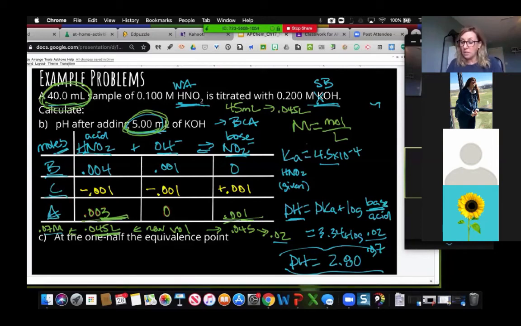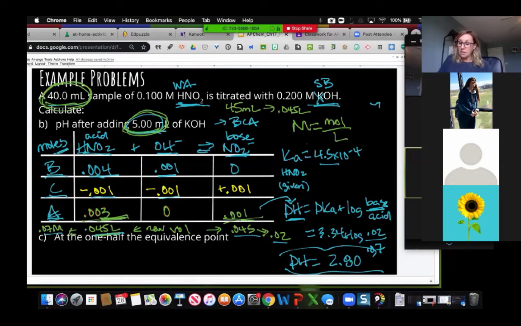You subtract the smaller of the two that you start with, either the acid or the base, whichever one is smaller. And then when you get to the A, after you've added or subtracted, you convert back to molarity. Then you take it into the Henderson-Hasselbalch if it's weak and strong. If it's strong and strong, then you just use that final OH or H plus to calculate the pH.